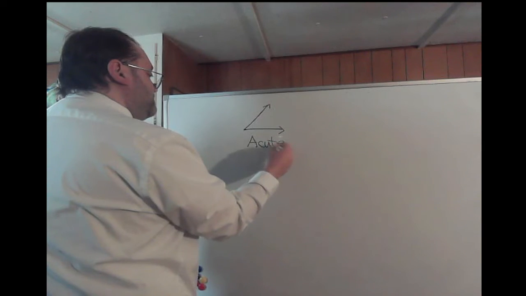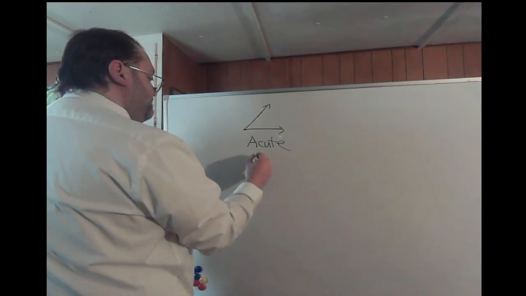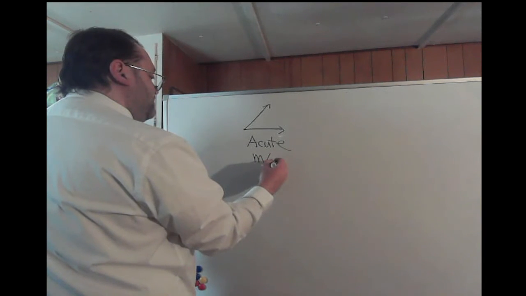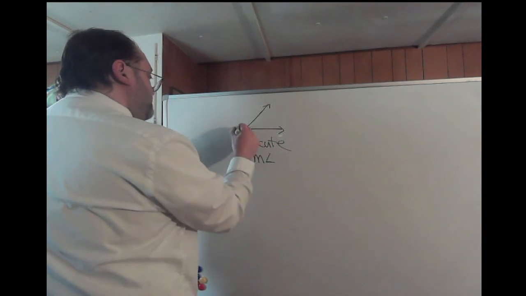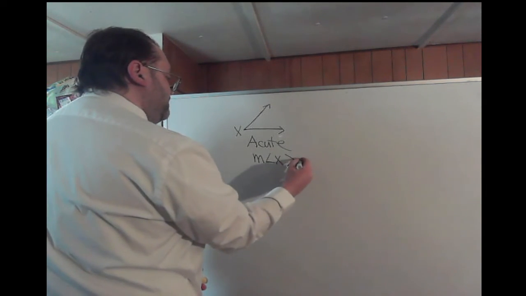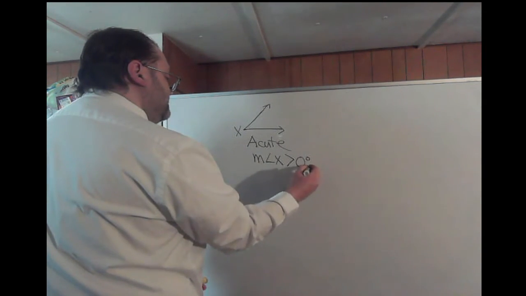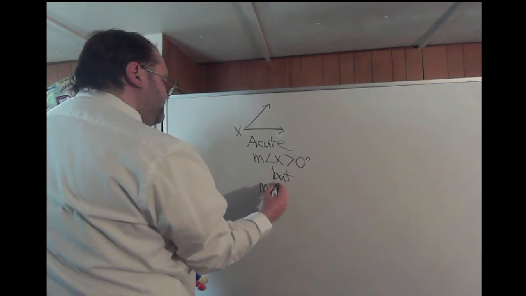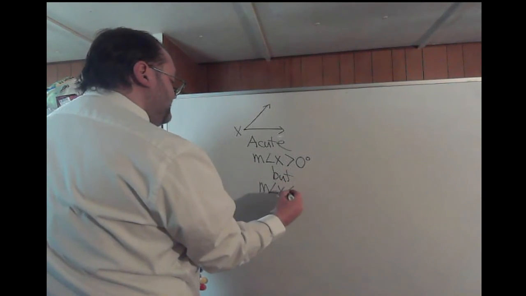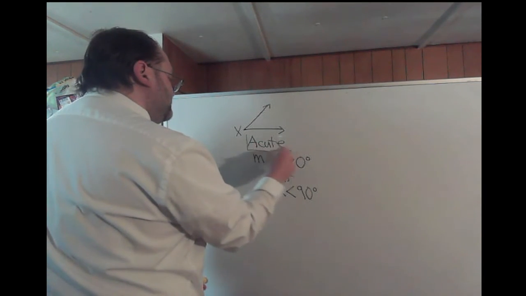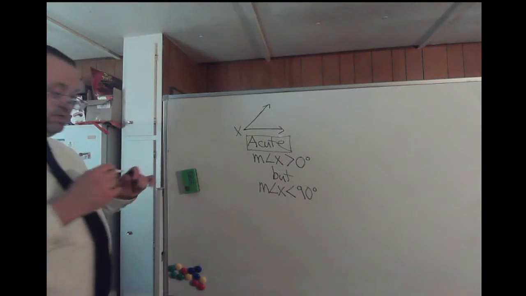It's acute since the measure of the angle, we'll call this angle x, the measure of angle x is greater than 0 degrees, but the measure of the angle is less than 90 degrees. Therefore, this is an acute angle.